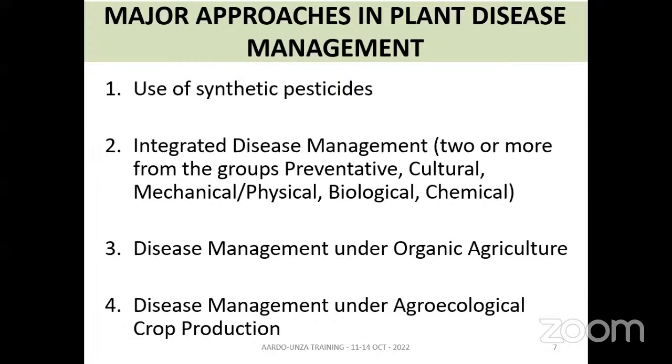Just like with human health, people don't like to do preventative lifestyles. They like to wait until the disease shows up and then they go looking for paracetamol or ibuprofen. Synthetic pesticides are almost like a default setting for many people, and it has been for a long time.